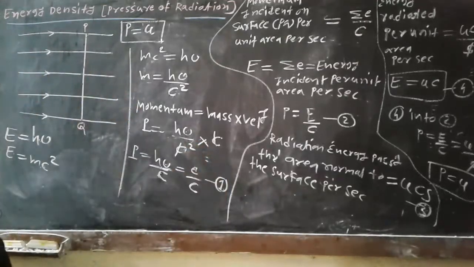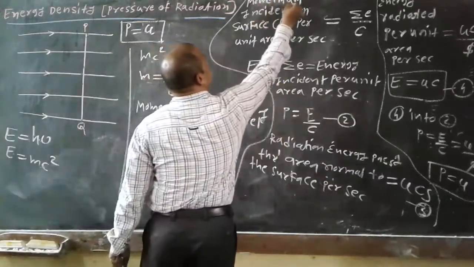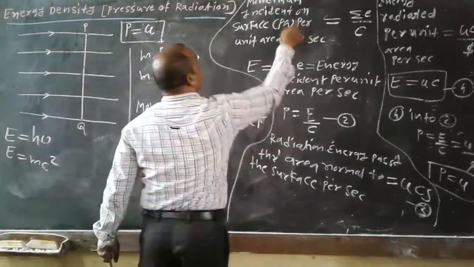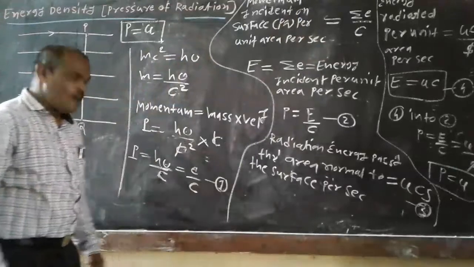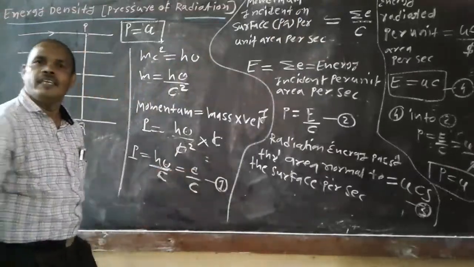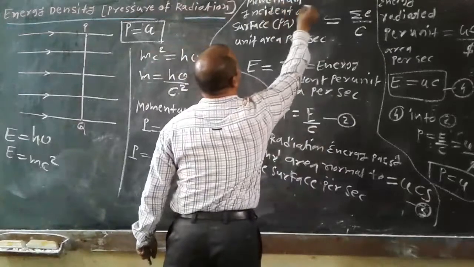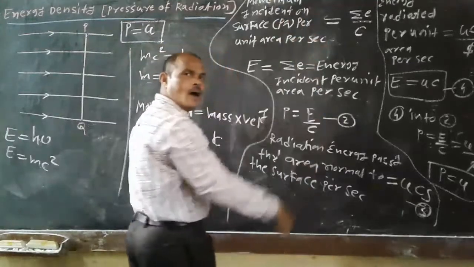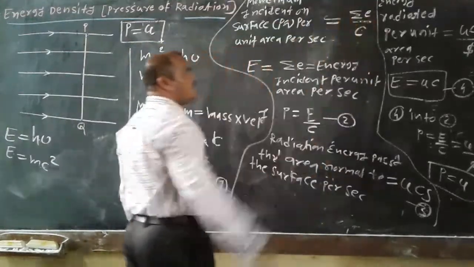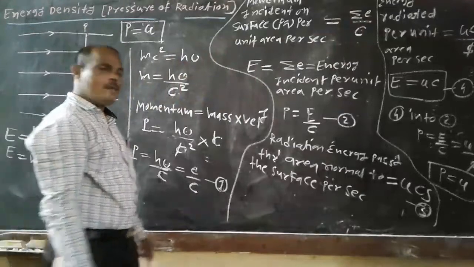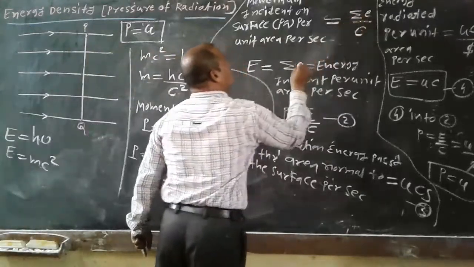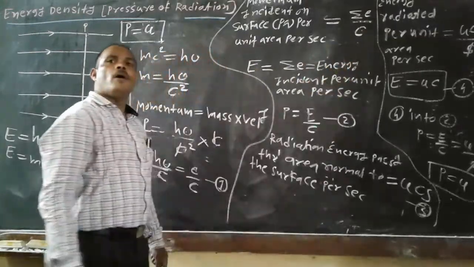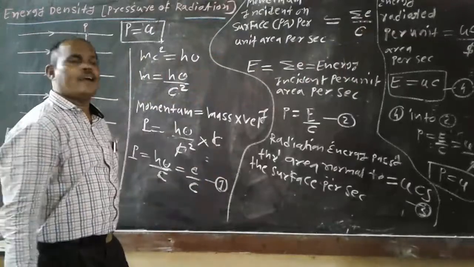Now, the total momentum incident on the surface PQ per unit area per second is summation E upon C. But summation E equal to capital E, the total energy incident per unit area per second.